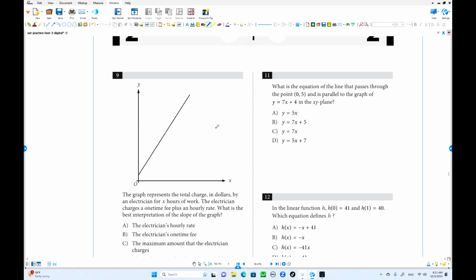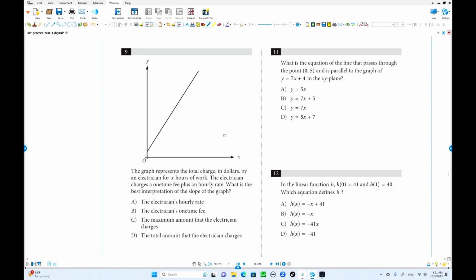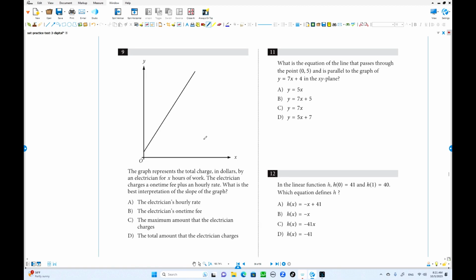Here is number 9. We have a graph for X hours and total charge. This is the total charge in dollars. This is the hours. X is the hours. There will be an hourly rate. What is the best interpretation of the slope of the line?